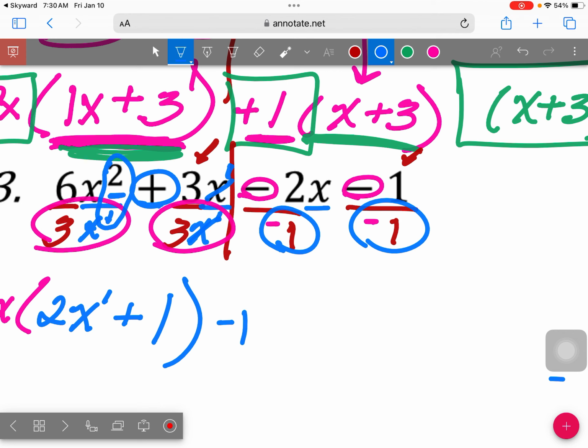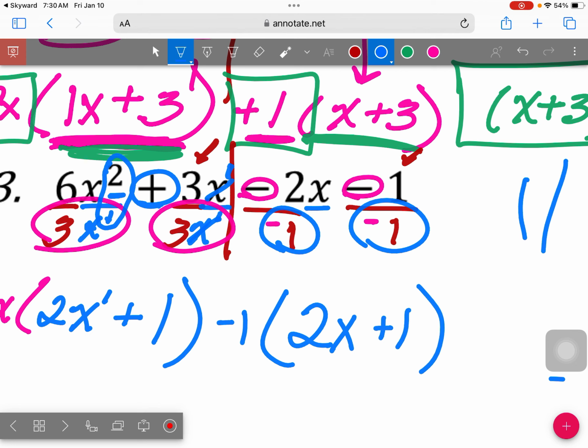What do I have left? I need to divide. -2 divided by -1 is 2. And x divided by, there's nothing to divide by, so that means I have the x. And -1 divided by -1 is 1. Anything divided by itself is 1.